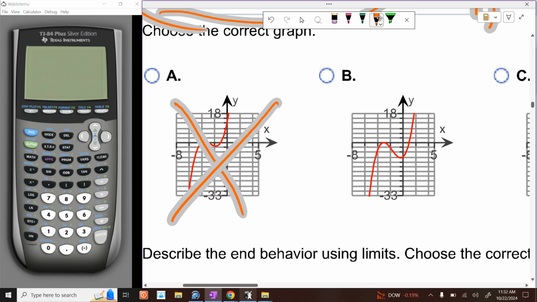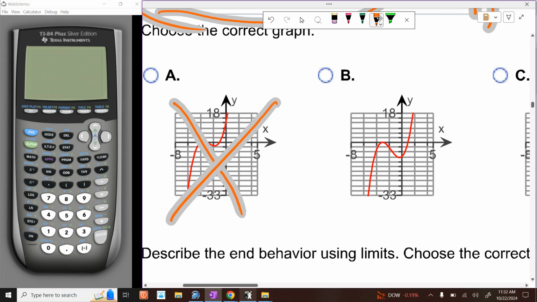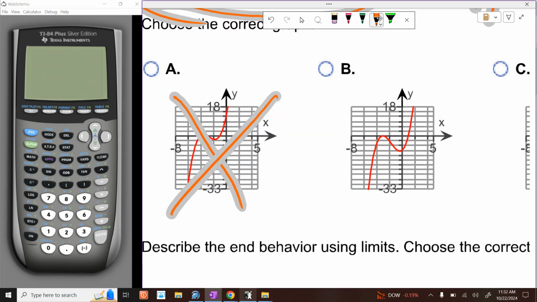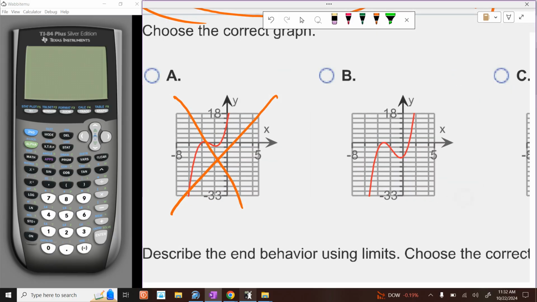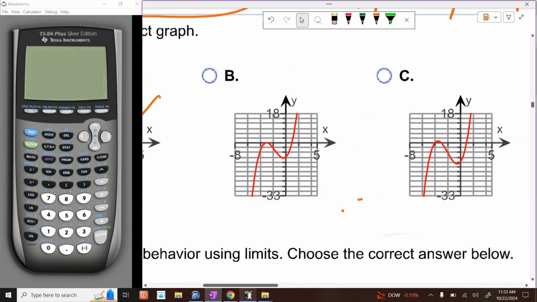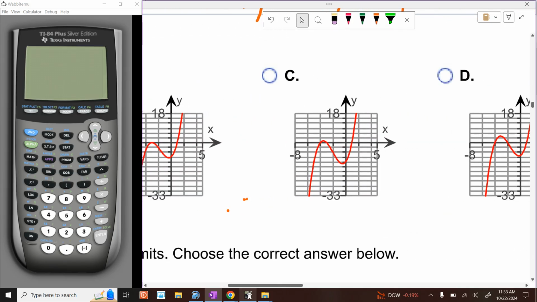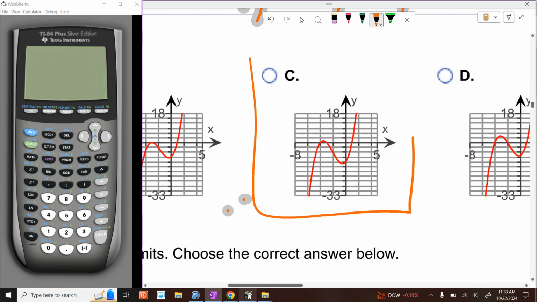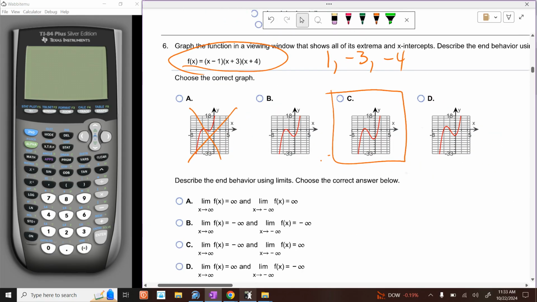It could possibly be this one, but it's probably not that one. It could definitely be that one, and it's not that one, so I would say it is choice C. It is choice C.